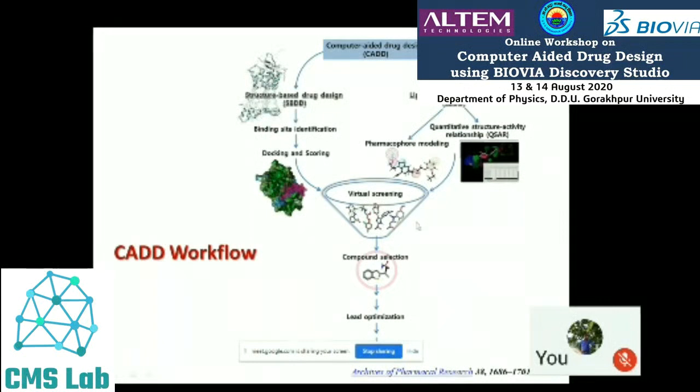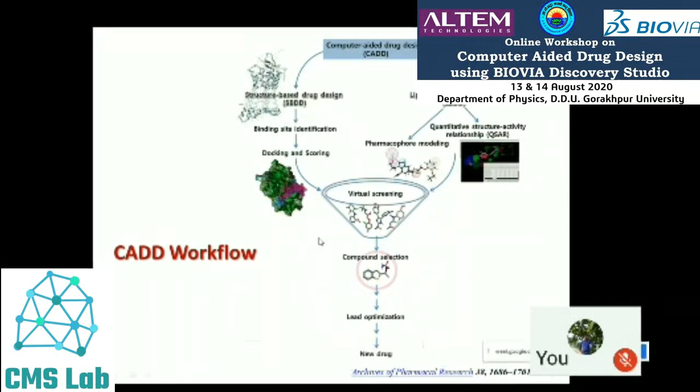If you identify the top binding hits, which bind strongly to the protein, you go for lead optimization, and then new drug development.